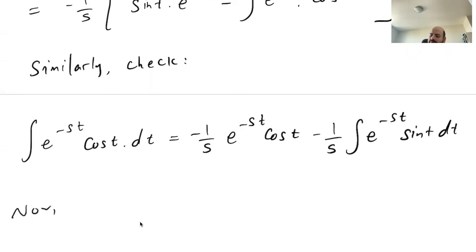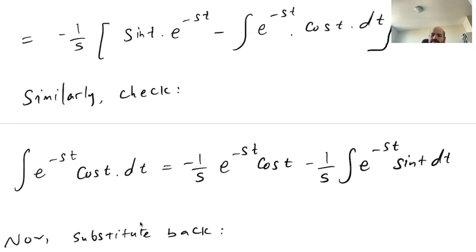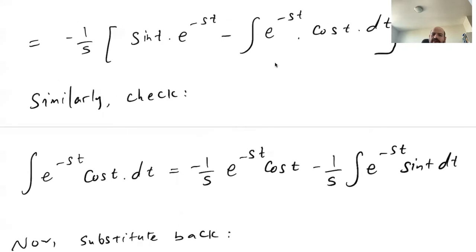now substitute back, and then what do we get? So see here, I needed integral e to the power minus st cos t dt. I couldn't find this integral, but I could write it in this form in terms of integral e to the power minus st sine t dt. So if I substitute back here, what do we get?